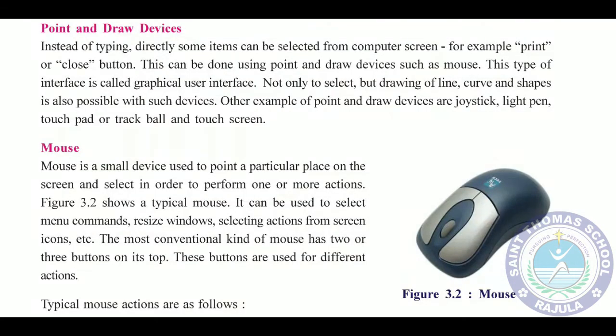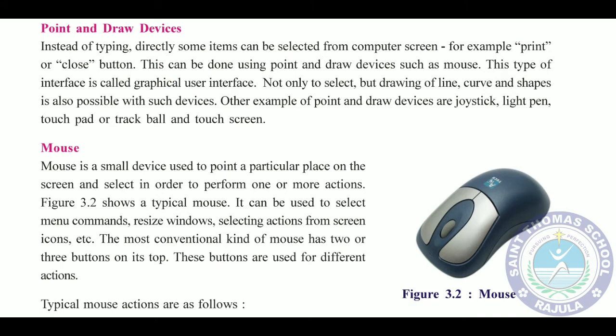Hello students. Now we are going to discuss the next category of input device, that is the point and draw device. In the keyboard, we give textual information through multiple keys. But here, instead of typing, we can make a selection only with the help of pointing devices.